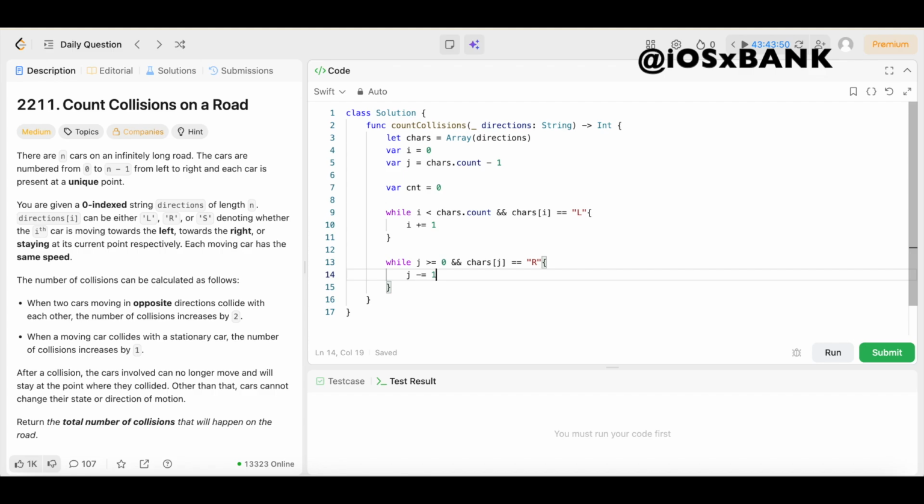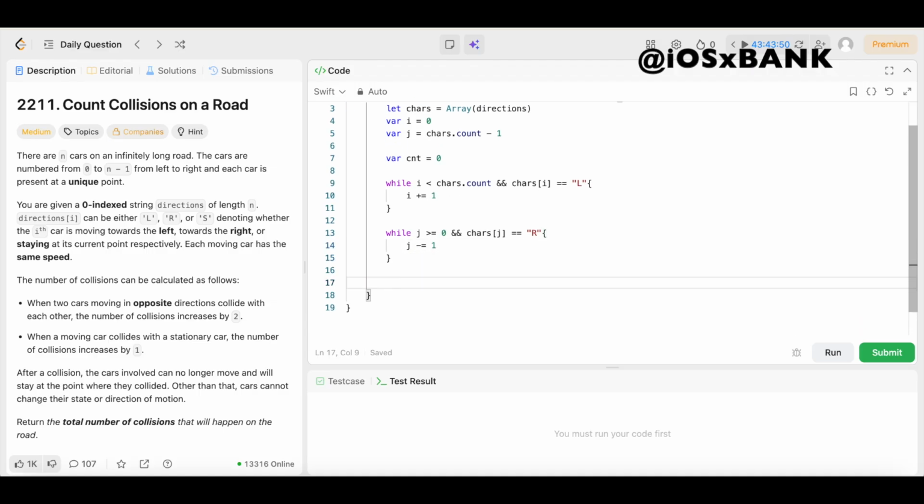Outside of this range, cars are moving outward and never meet anything. So we could come underneath this and we are going to say if J is greater than or equal to I, then we could open up the brackets and iterate through the collision zone by saying for K in I through J. Then we're going to open up the brackets, and any car that is not standing still, or is not S, must collide.